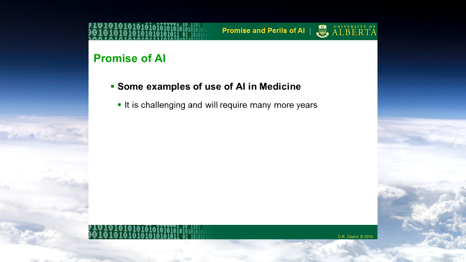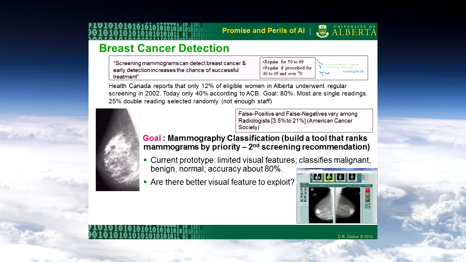I'll go through examples in medicine, and there are many of them, to give you an idea how medicine is also embracing machine learning, big time. So one example I'm working on is helping radiologists going through medical images. So in the case of mammography, humans are not 100% accurate.